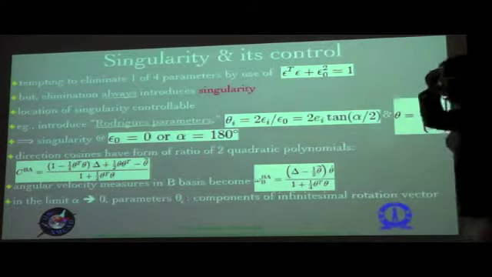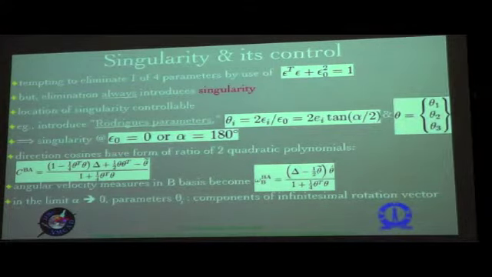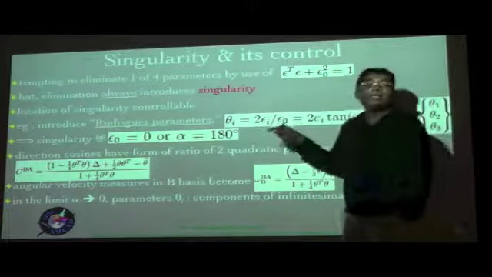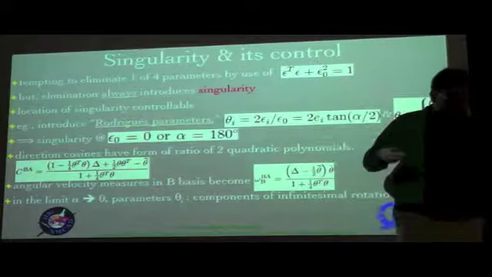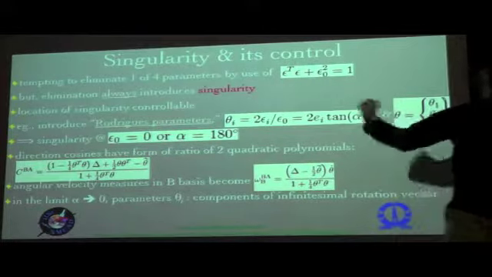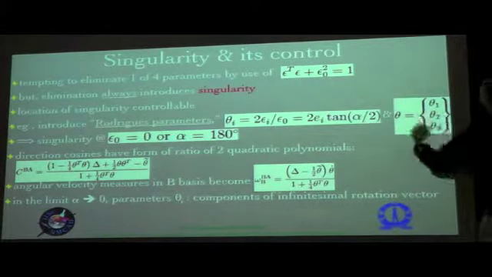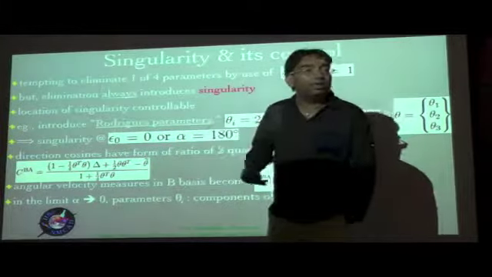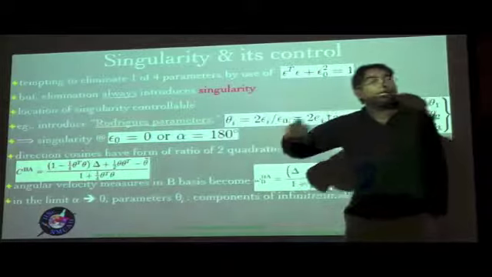Now in the limit that alpha tends to 0, the parameters theta i would become the components of the infinitesimal rotation vector. This is quite easy to see because the way the epsilon i's and epsilon naught were introduced was in terms of sine alpha by 2 and cos alpha by 2. So sine alpha by 2 would tend to alpha by 2 when alpha is tending to 0, and cos alpha by 2 would tend to 1.